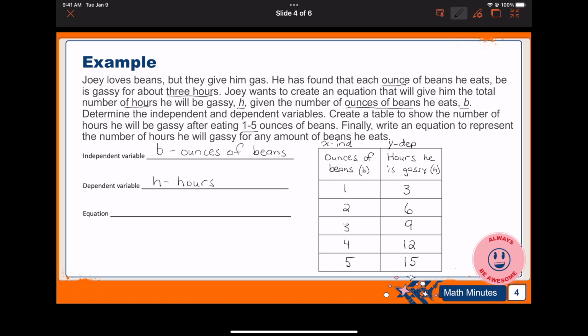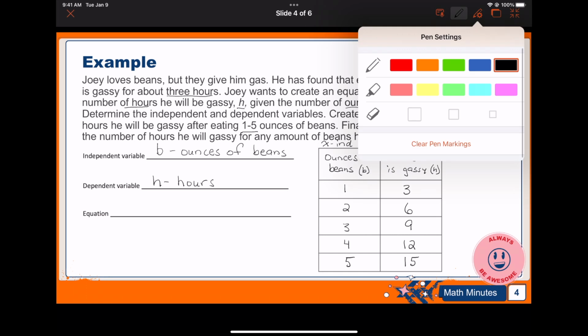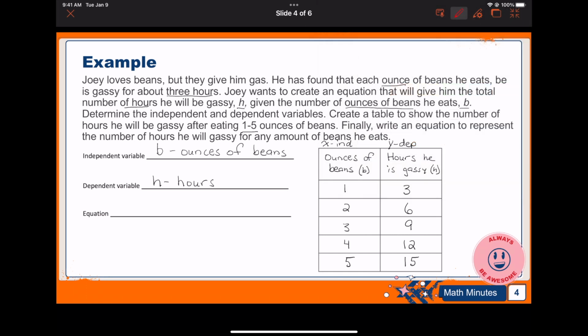All right. To write our equation, we have to ask ourselves, what is the relationship between the independent variable and the dependent variable? Meaning, how am I getting from the X column, which in this case is ounces of beans, to the Y column, which is hours that he's gassy? What am I doing to that number to get over to the other side, right? And when we think about that, and I'm going to switch colors here, what am I doing to 1 to get to 3 that will also get me from 2 to 6 and 3 to 9 and 4 to 12 and 5 to 15, right?